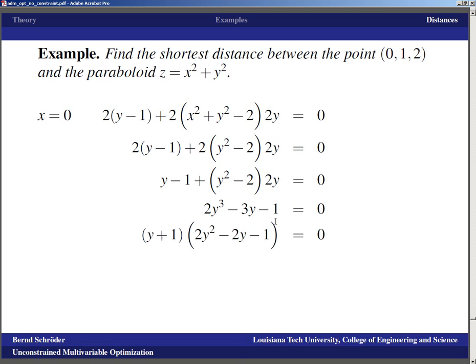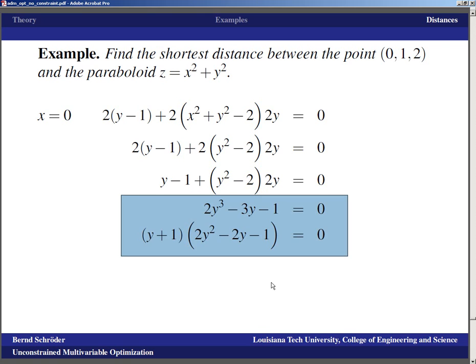So that means that this polynomial must have a factor y plus 1, and if you then do your synthetic division, you realize that the remaining quadratic is 2y squared minus 2y minus 1. And so again, if you read something like this in a text, well, the least you can do is verify that this really is correct.